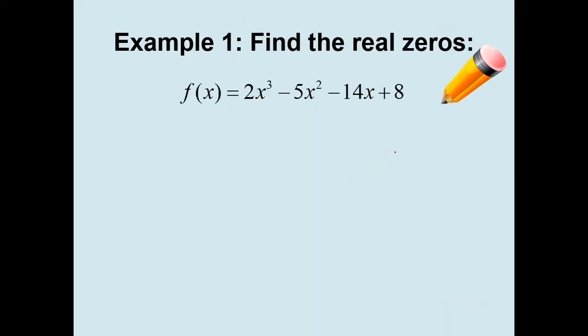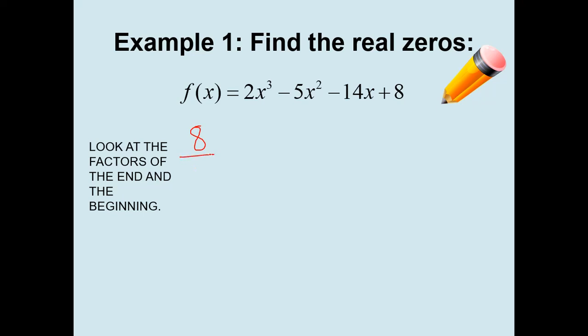So let's use our rational zero theorem in practice. We're going to find the real zeros of this particular function. So we're going to first look at the factors of the end and the factors of the beginning. So I've got my P over my Q. So P is 8, Q is 2. So all the numbers that make 8.